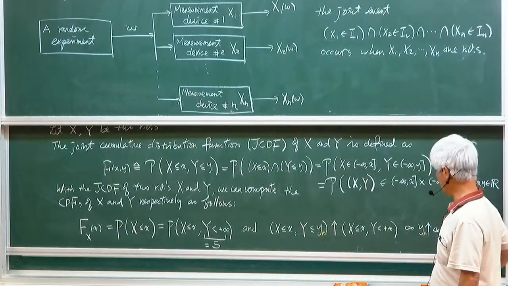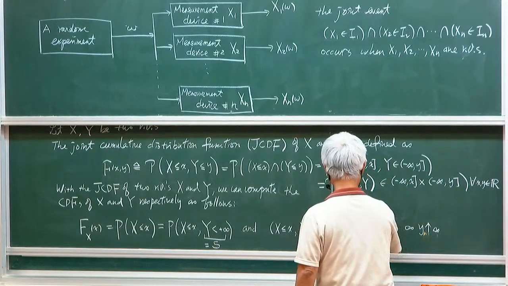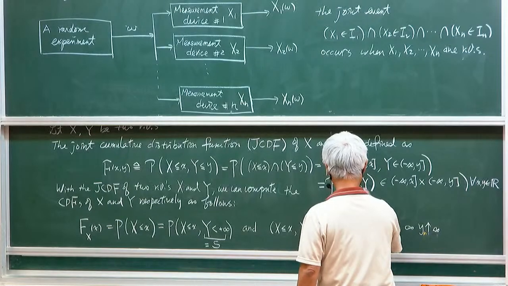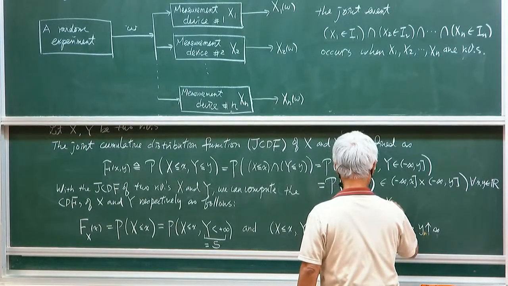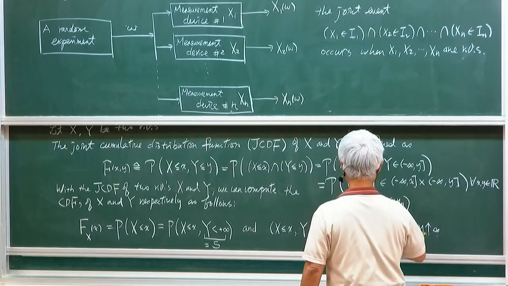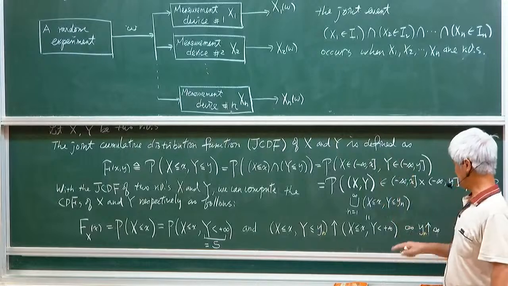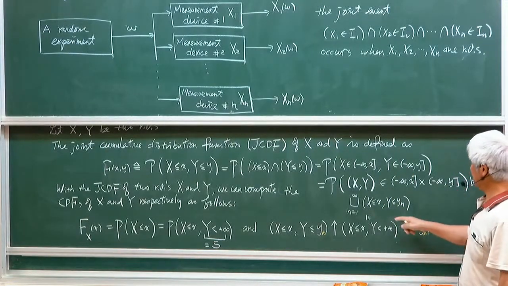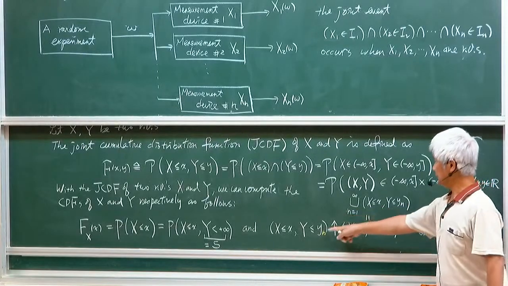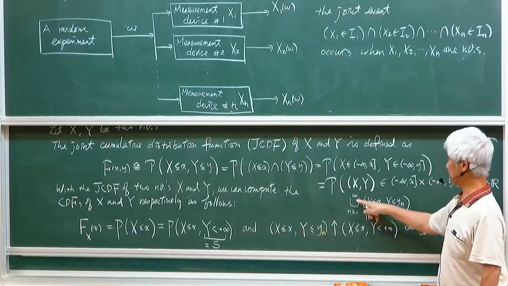Because y sub n is monotone increasing to infinity, the sequence of events has a limit, which is just the union.